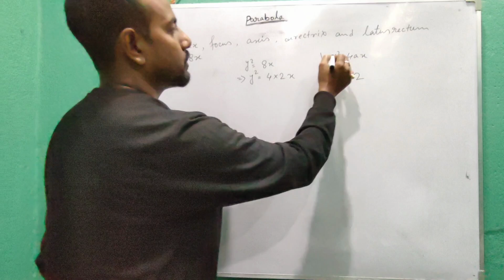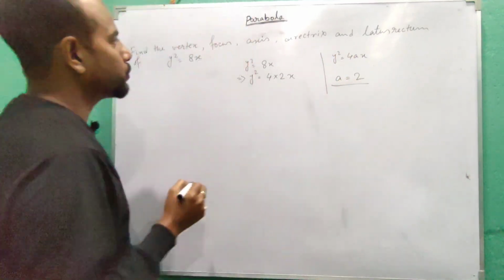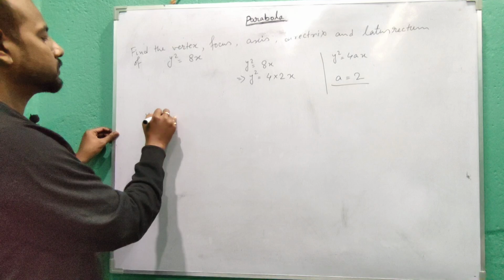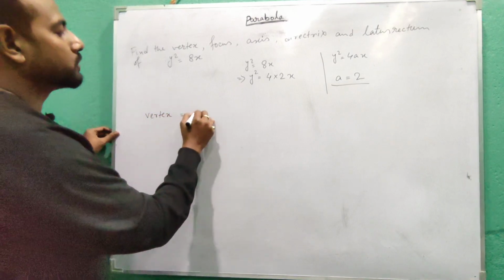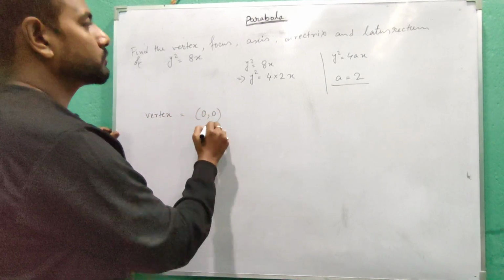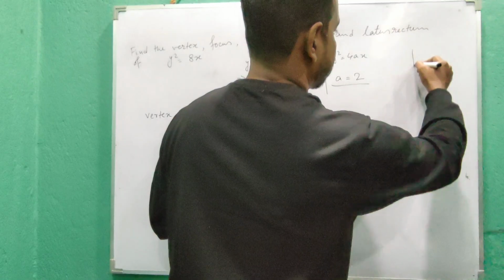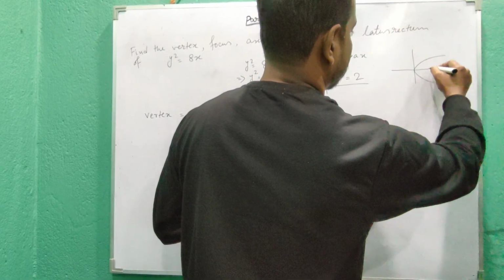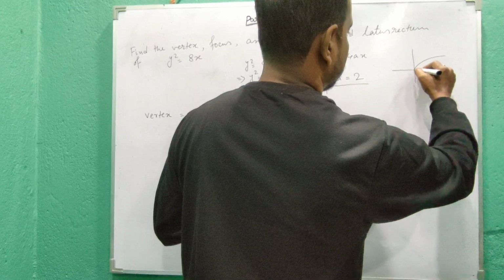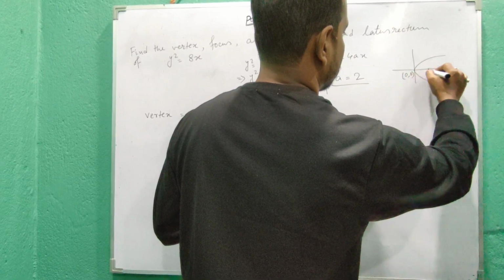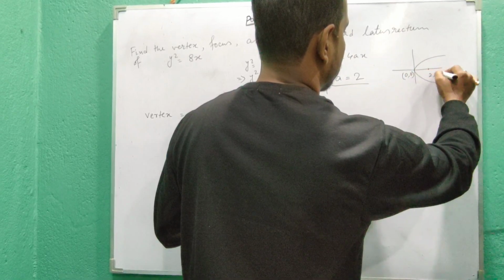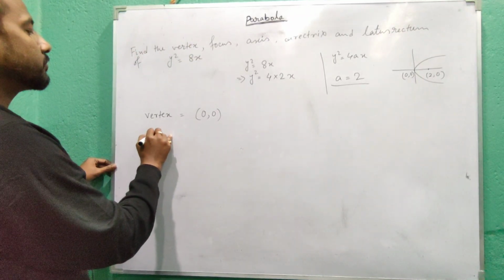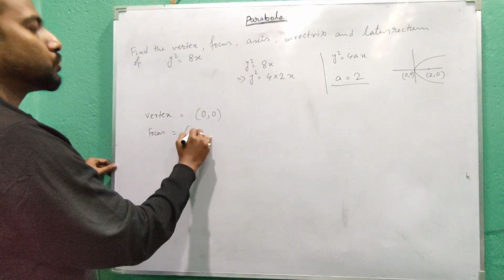So, the vertex we know is 0, 0, and the focus is a, 0, that means 2, 0.